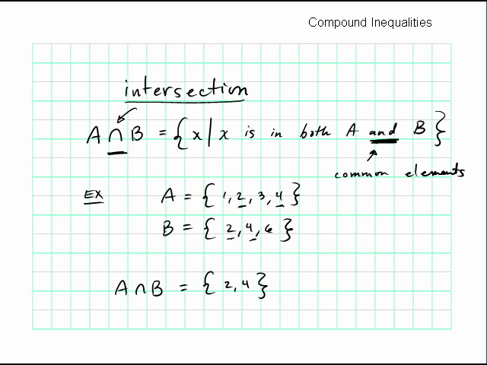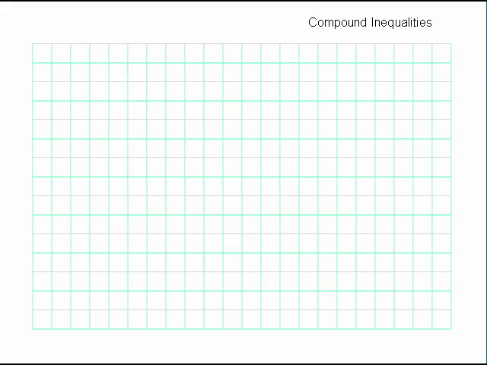Here's another example. Let's say set A is the set 1, 3, 4, and 5. And set B is 1, 2, 3, and 4. And we'll even throw in a set C here.